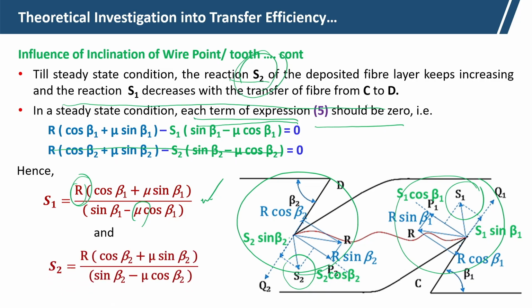Similarly, S2 is R cos beta 2 plus mu sin beta 2 divided by sin beta 2 minus mu cos beta 2. So, depending on the inclination of the doffer wire, the coefficient of friction and the reaction force on fibers, S2 can also be calculated.